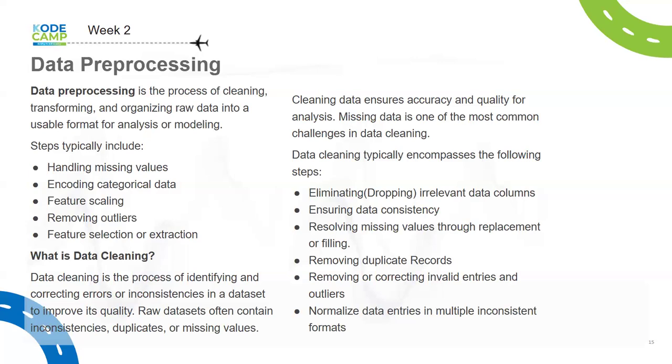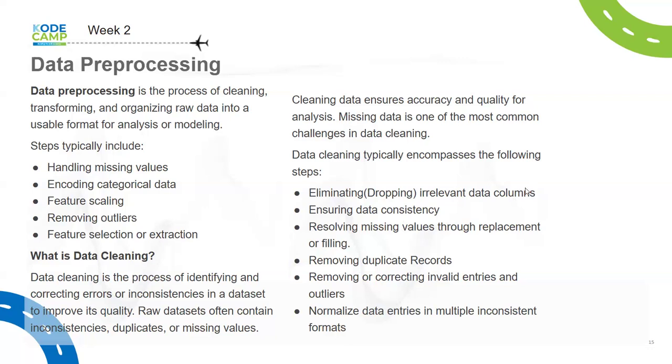So data cleaning is that process of identifying and correcting errors or inconsistencies in the data set. You do this because you want to improve the quality of the data set, because the raw data set may contain a lot of inconsistencies. Some may even just be wrong data. Some may be noise. Some may be duplicates, missing values, and so on. So you have to clean your data set. And typically, some of the things you would do, like I've already mentioned, is there are some features or columns that are irrelevant.